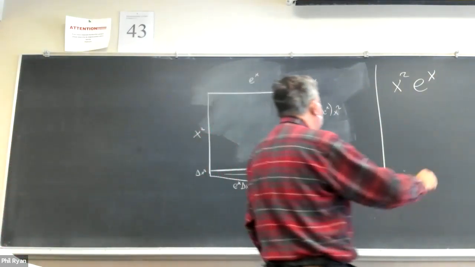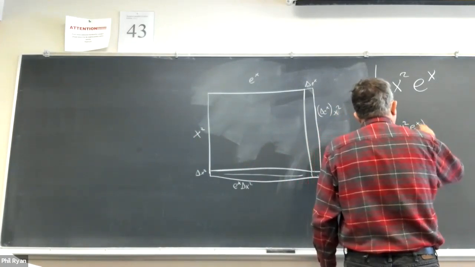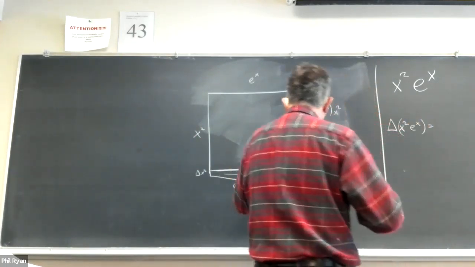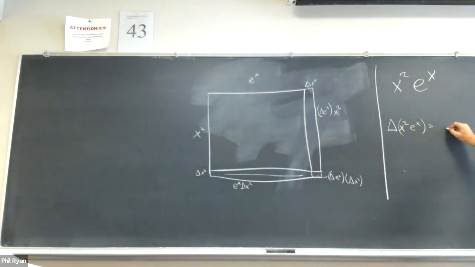Okay, so that means the change in x squared times e to the x, we just add up all the rectangles together, is the change in x squared times e to the x plus x squared times the change in e to the x plus the change in e to the x times the change in x squared.